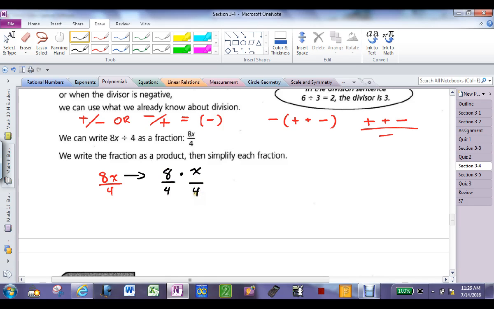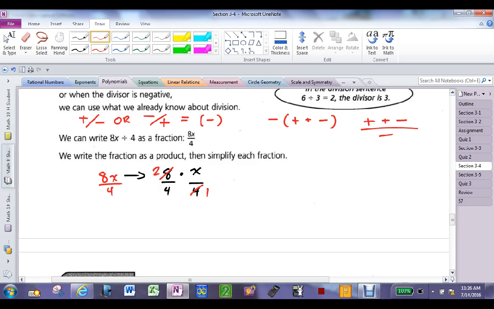This is multiplying fractions, right? So how do we multiply fractions? Check diagonally. Is there any that work? Which one? 8 and 4 work. How many 4 is going to 4? 1. How many 4 is going to 8? 2. Right? Yeah? Okay.